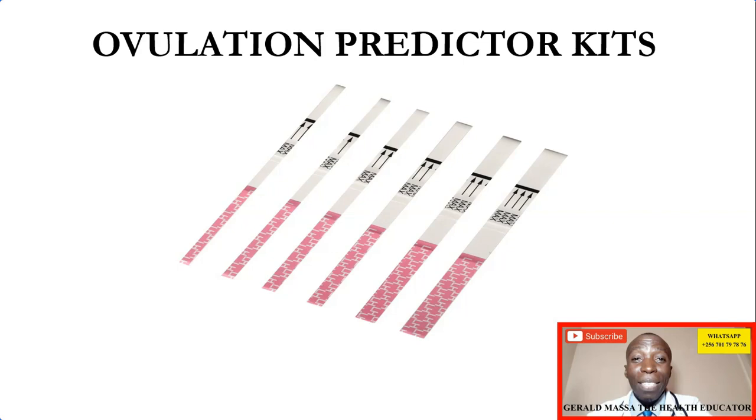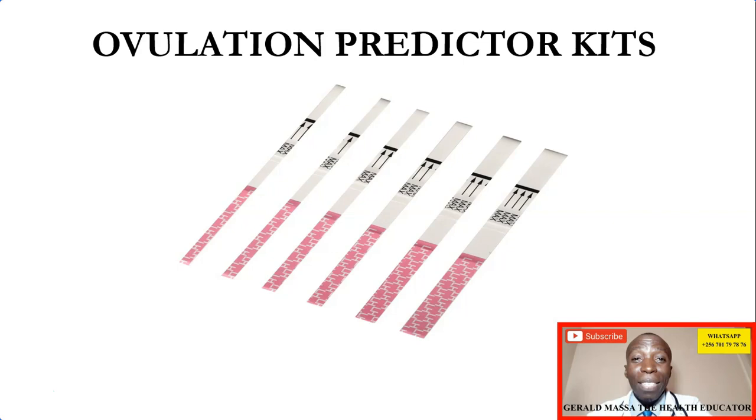The next method we talked about is what we call cervical mucus monitoring, and we said that you look at the viscosity of your cervical mucus, whether it is dry. When it is so dry, it means you are not ovulating, and when it is wet and moist, then it means you are ovulating.